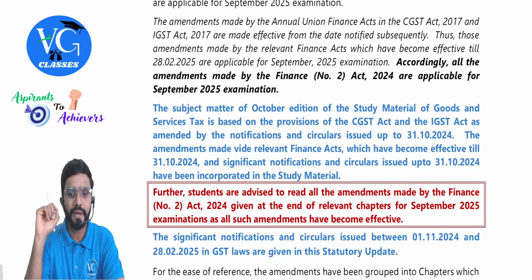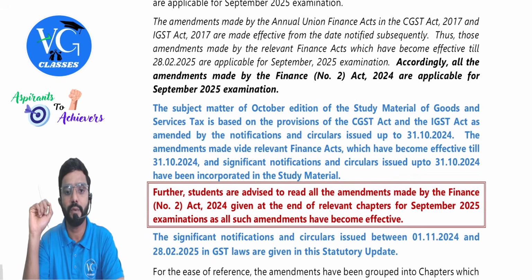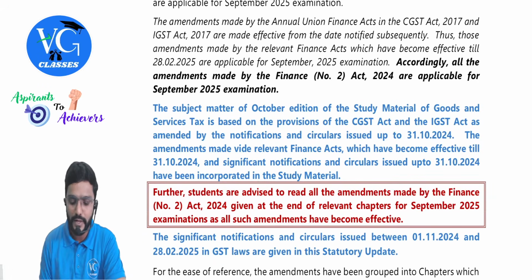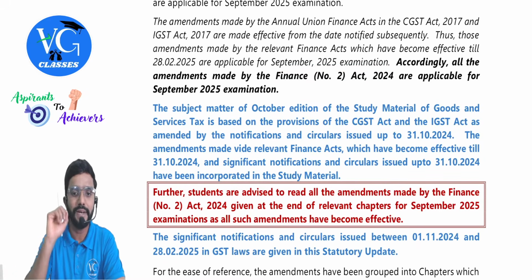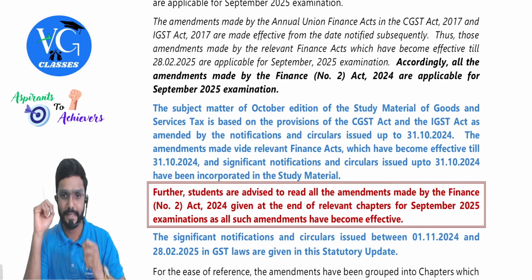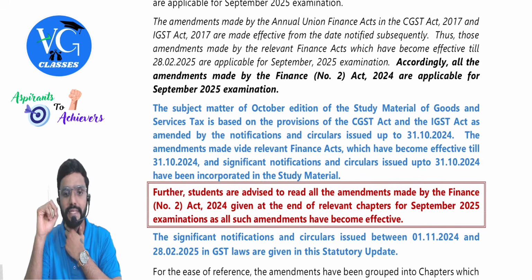Thus, those amendments made by the relevant Finance Act which have become effective till 28th February 2025 are applicable for September 2025 examination. Accordingly, all the amendments made by Finance (No. 2) Act 2024 are applicable for September 2025 examination.